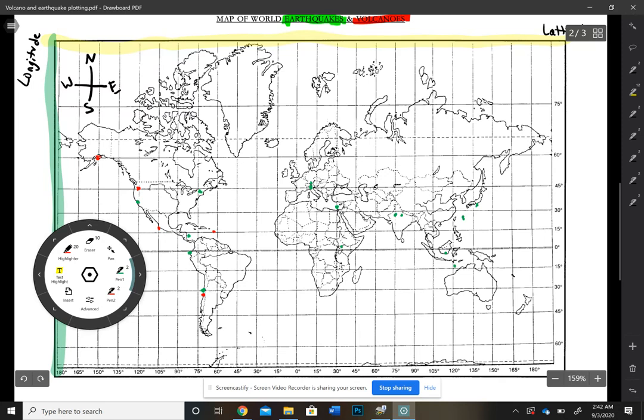Alright. 61 north, 150 west. Ooh. That one is right next to this volcano. 47 south, 68 west.